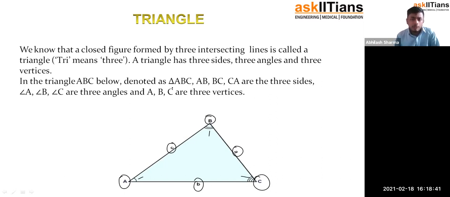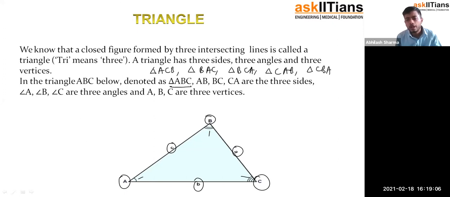This triangle can be denoted as triangle ABC. We can also name it as triangle BAC, triangle CAB, triangle CBA. So there are a total of 6 ways of naming this triangle. Triangle ABC is fine, triangle ACB is fine, triangle BAC is fine, triangle BCA is fine, triangle CAB, triangle CBA.